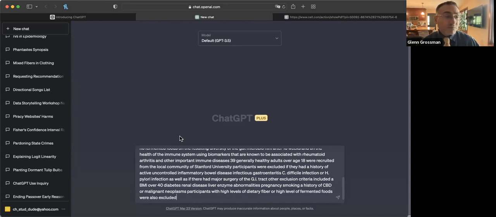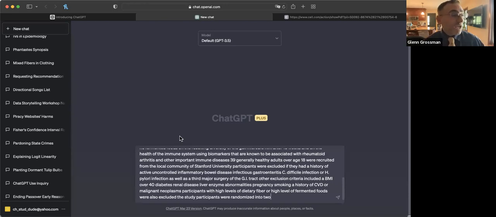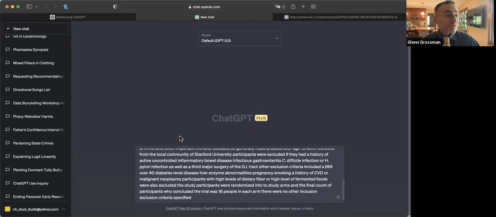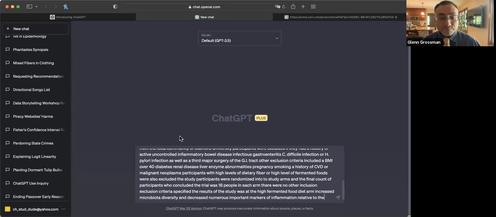The study participants were randomized into 2 study arms, and the final count of participants who concluded the trial was 18 people in each arm. There were no other inclusion or exclusion criteria specified. The results of the study were that the high fermented food diet arm increased microbiota diversity and decreased numerous important markers of inflammation relative to the fiber arm. Thank you.